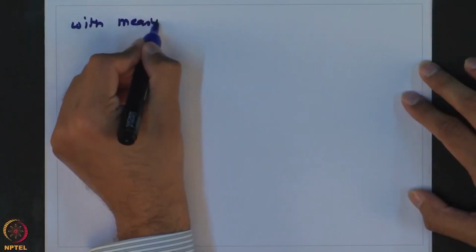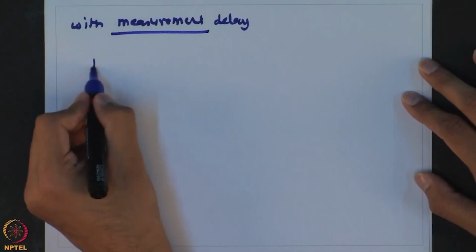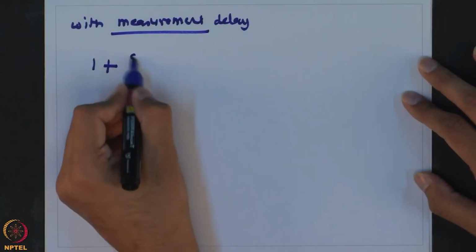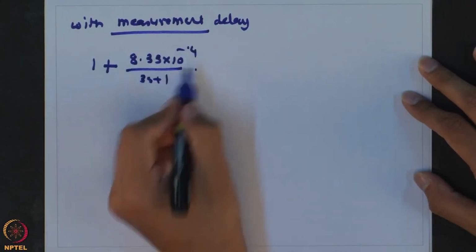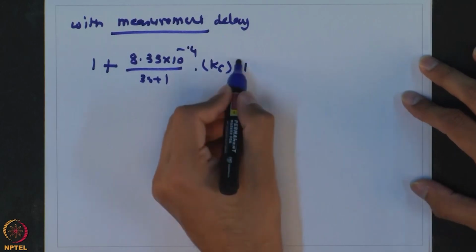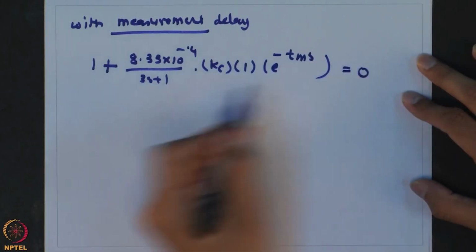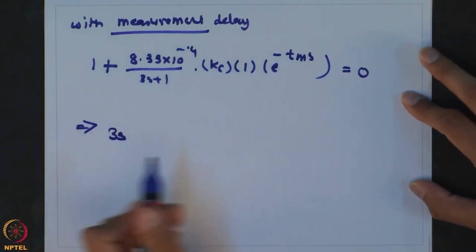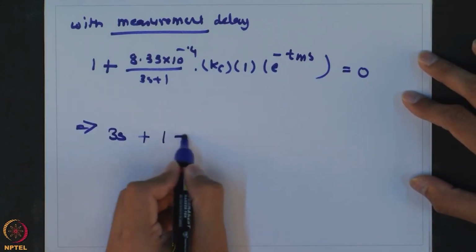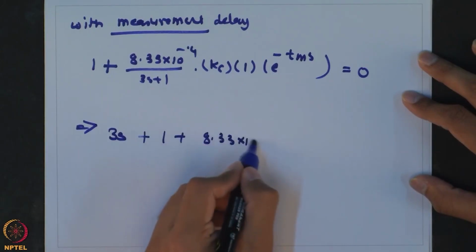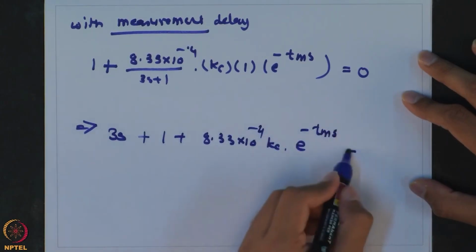So with measurement delay, the closed loop characteristic equation is now, on simplification, 3s plus 1 plus 8.33 10 raised to minus 4 Kc into e raised to minus Tm s.